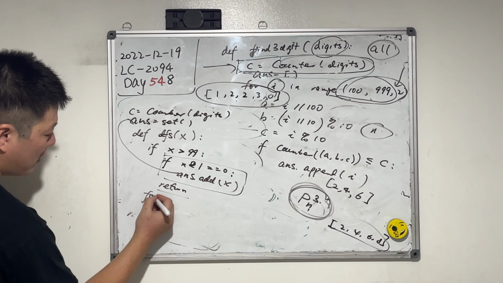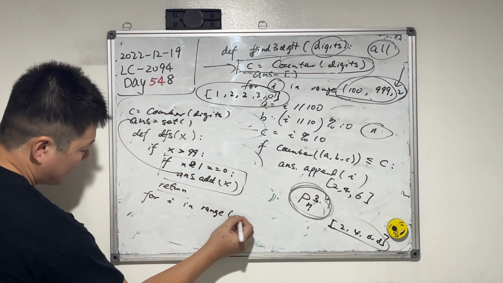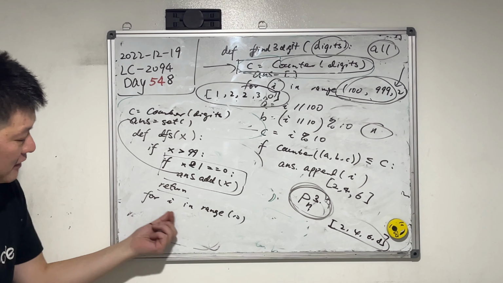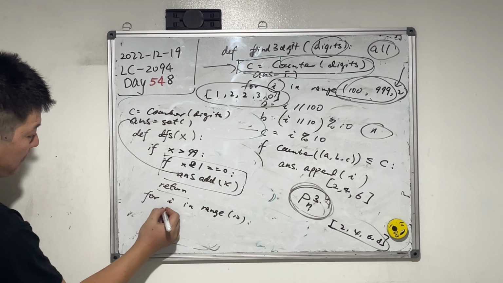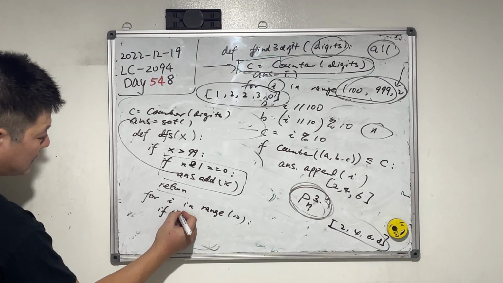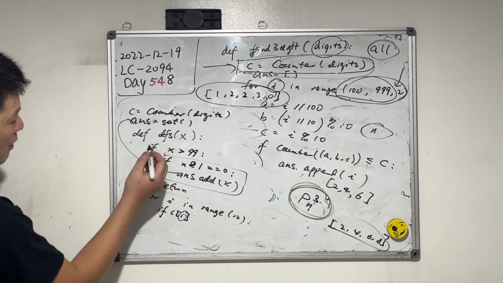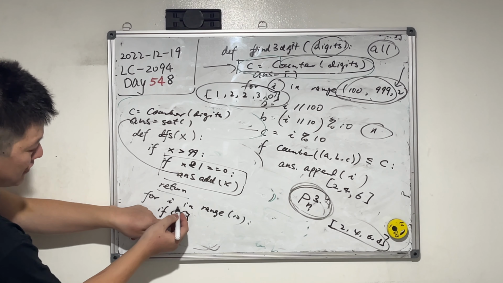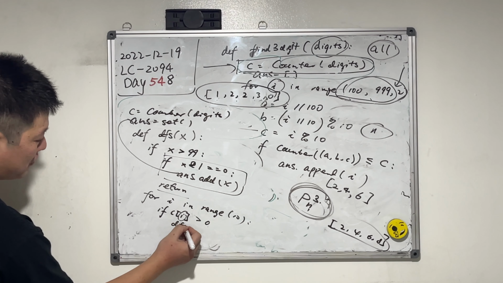And then for i in range 10, we're going through each digit, 0, 1, 2, 3, 4, 5, up to 9. And then we check: if Ci, if we have enough digits of i, this is counting how many of the digits we were given, is bigger than 0, then we do this depth search.